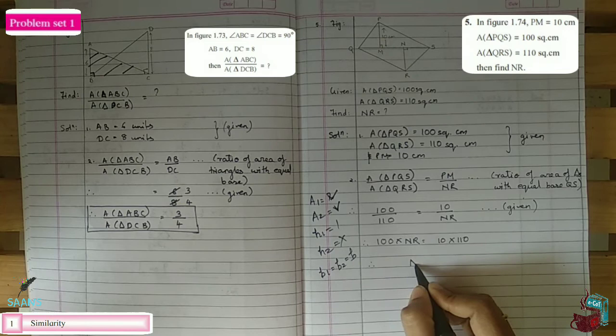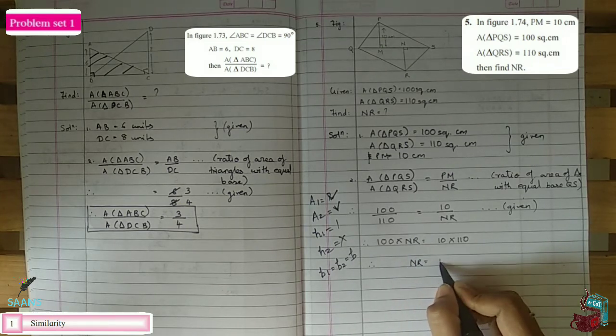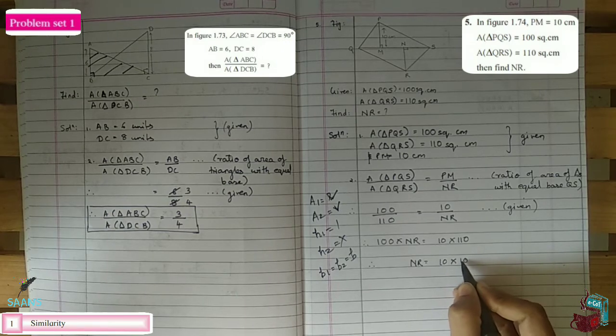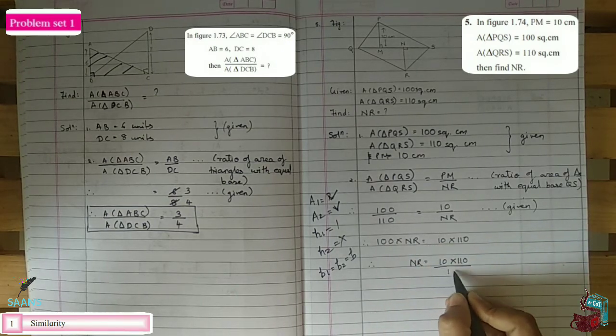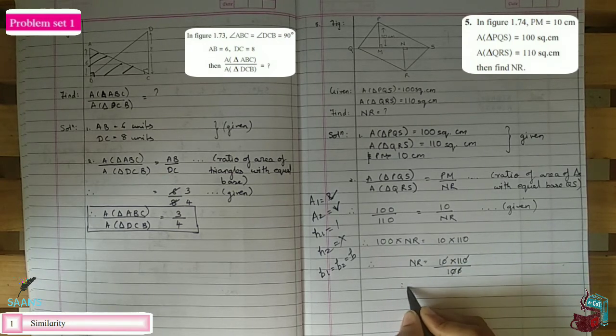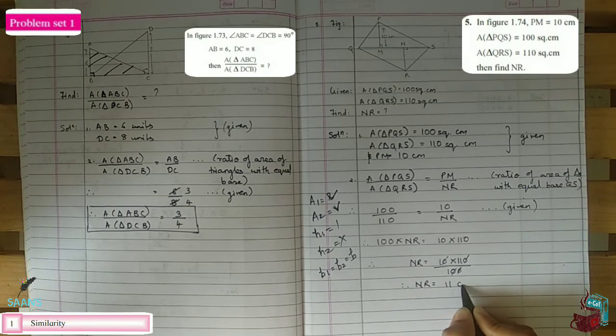Freeze this value because we need to find the value of this. 10 into 110, multiplication becomes division. Therefore, NR is equal to 11 centimeter.